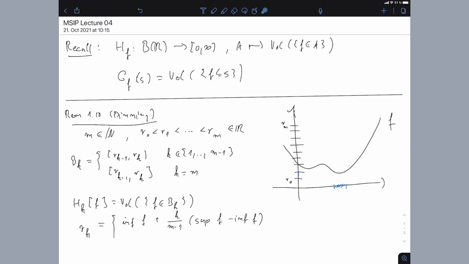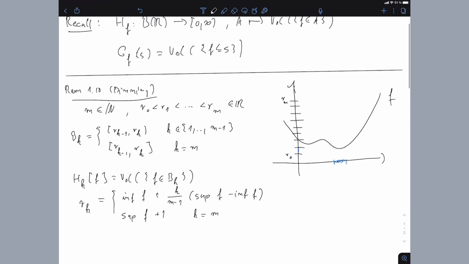So the width is always 1 over M minus 1 times this difference, this value range, and k is just an index to count, so that we go up here. The only exception is the last one, where you can, for instance, take supremum plus 1.